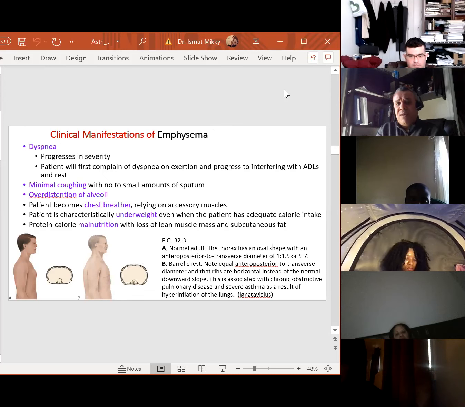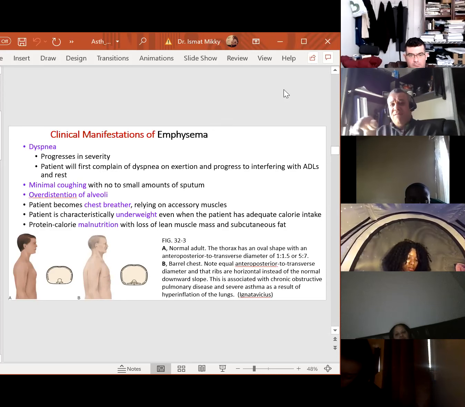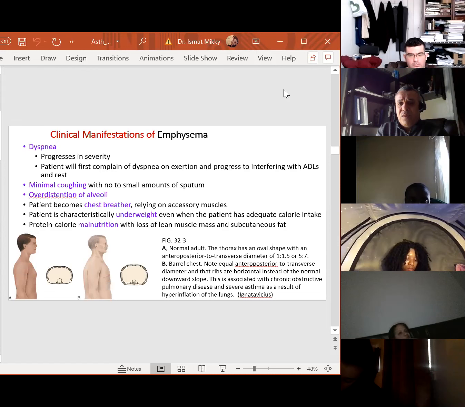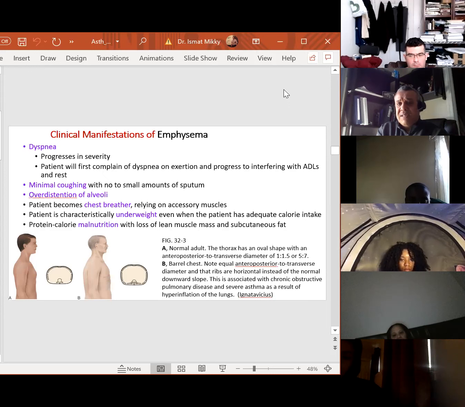The transverse diameter goes from shoulder to shoulder, that's transverse. And the AP diameter goes from back to chest, which gives you the direction of the diameter. So that would result in the patient developing what is called the barrel chest.